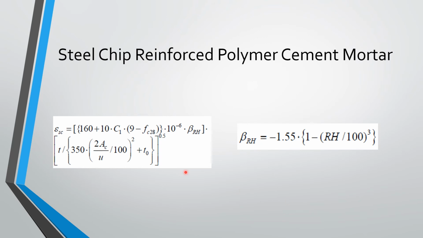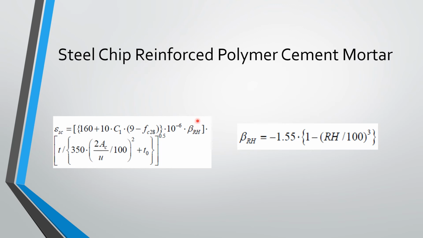We have these two equations, this expression with C1, that is a specific parameter for PCM or SCP. We have the 28-day compressive strength.